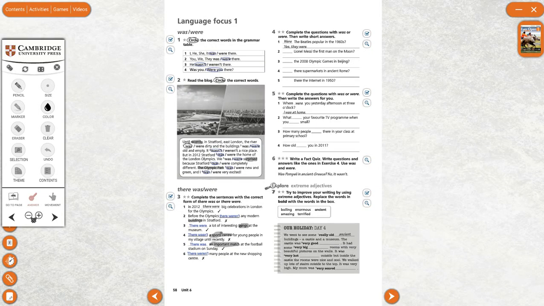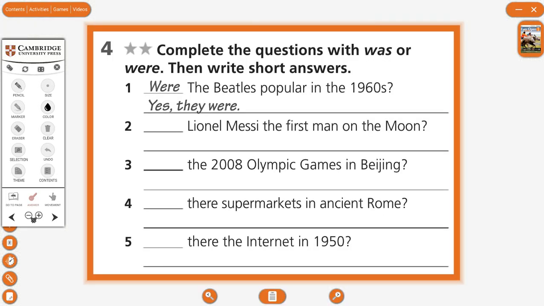Look at exercise 4, please. Complete the question with was or were, then write a short answer. You will complete the question with was or were and then write a short answer with was or were. Okay, now number 1 is done, so I'll pass number 2. Blah blah blah. Lionel Messi.